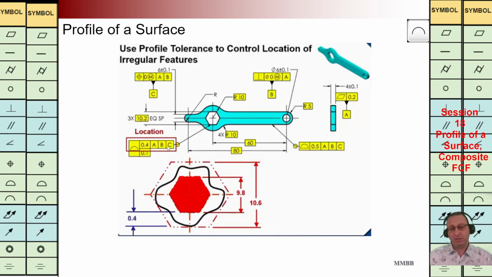Here in this example, as we can see here, we are going to have this composite FCF. We have two values for TZ, 0.1 and 0.4. For 0.1, we don't have any reference plane. For 0.4, we have ABC as a reference plane. At the bottom, we are going to see these boundaries.